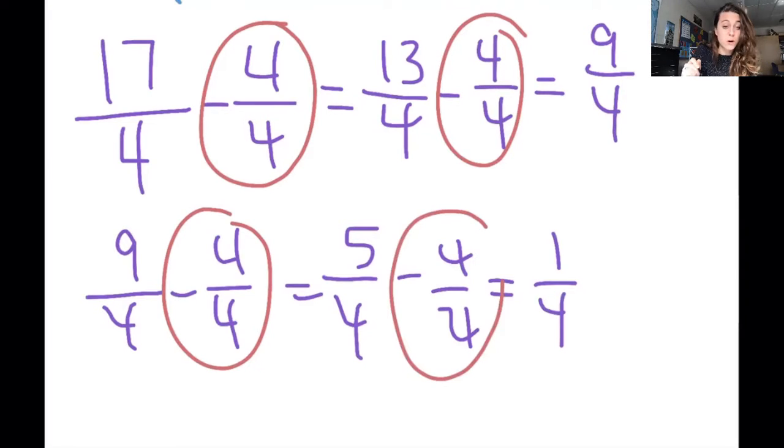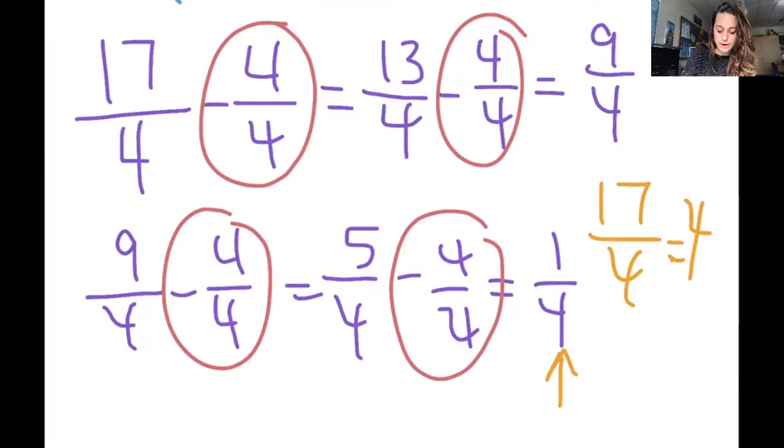Now, this is a lot of work to subtract wholes each time, but let's see what our answer was. We have 17/4, and we figured out that we had, as you can kind of see here, 4/4, 4/4, that's 2 wholes, 3 wholes, 4 wholes. So we are looking at 4 wholes, and then whatever was left over is your fractional pieces, 1/4.